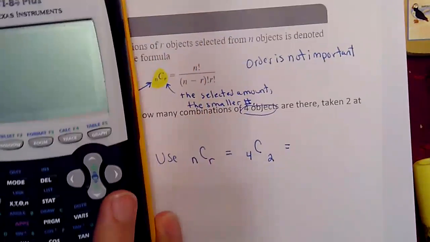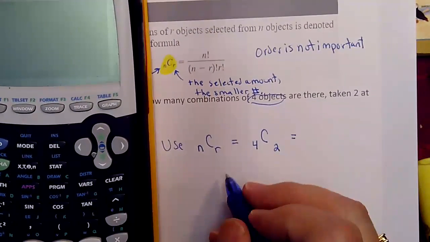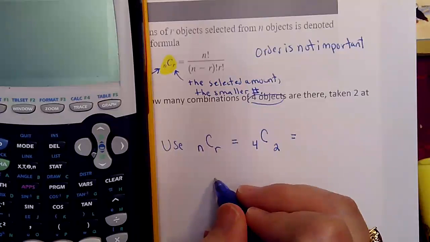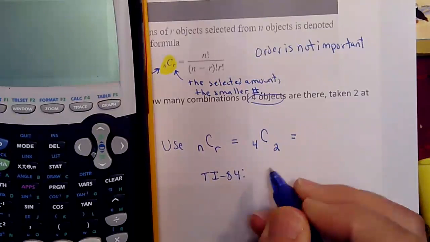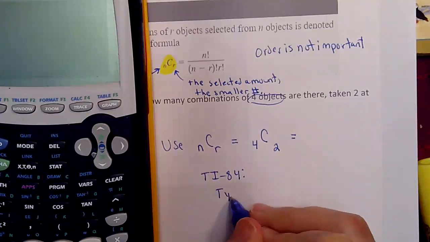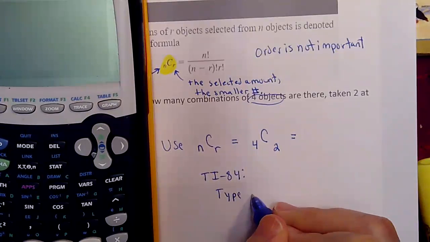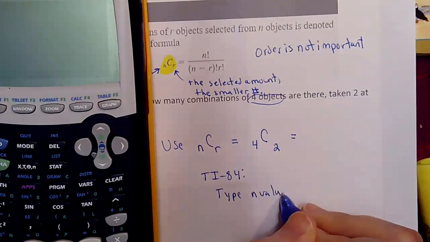On the TI-84, you would want to type in the n value.